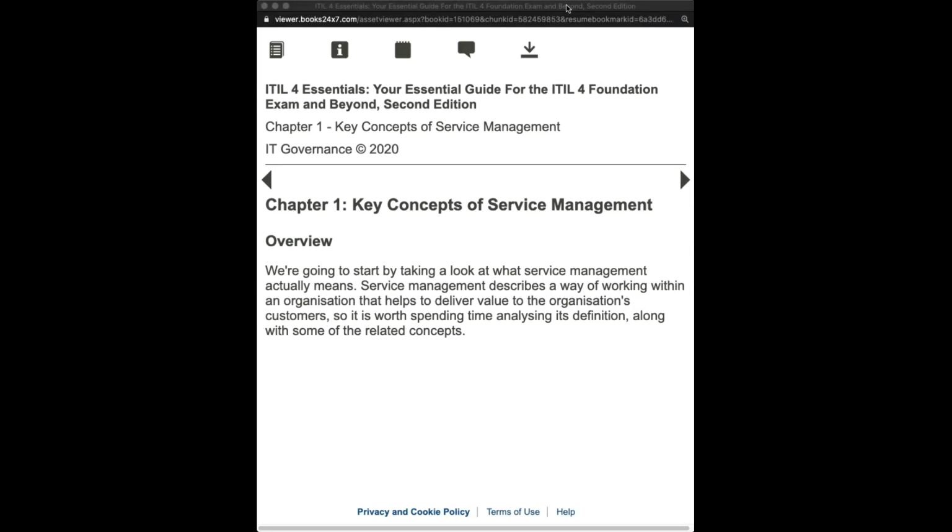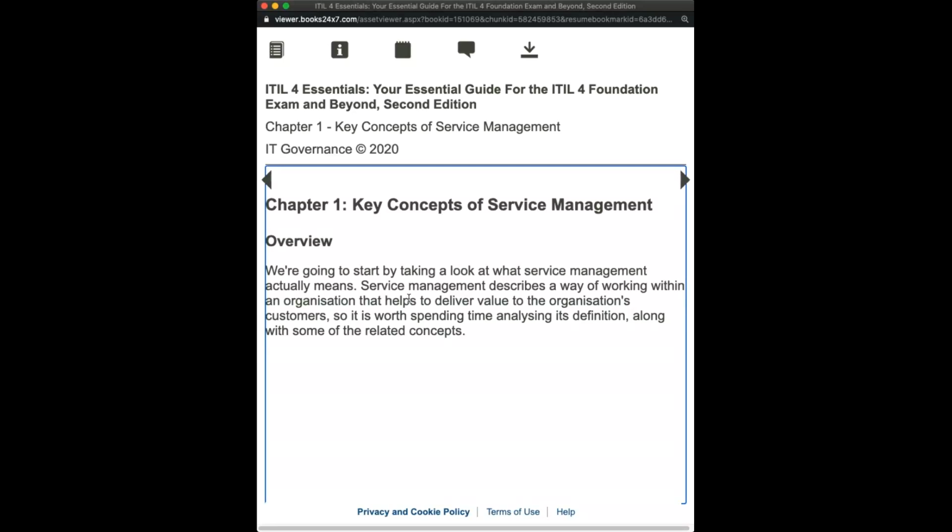Okay. So, going back to the text, right? Service management describes a way of working within an organization that helps to deliver value, right? So, again, that's the point. You provide the service, you need to deliver value.